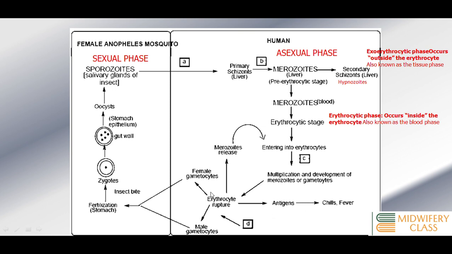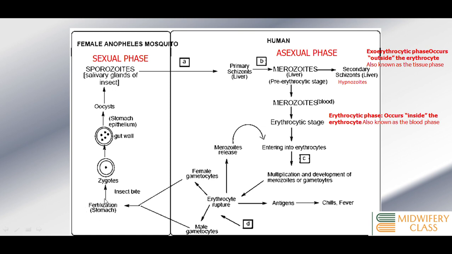Meanwhile, the gametocytes that are released, the female and the male gametocytes, when the red blood cells rupture, may be taken up by a mosquito when it gets another blood meal from an infected individual. Now, these gametocytes move up to the stomach of the mosquito where fertilization takes place.